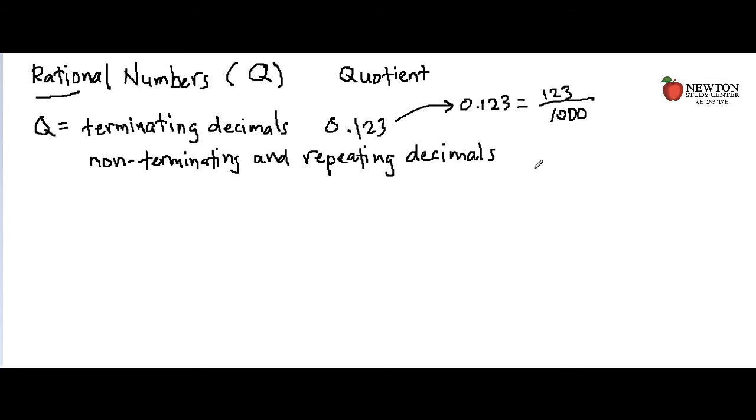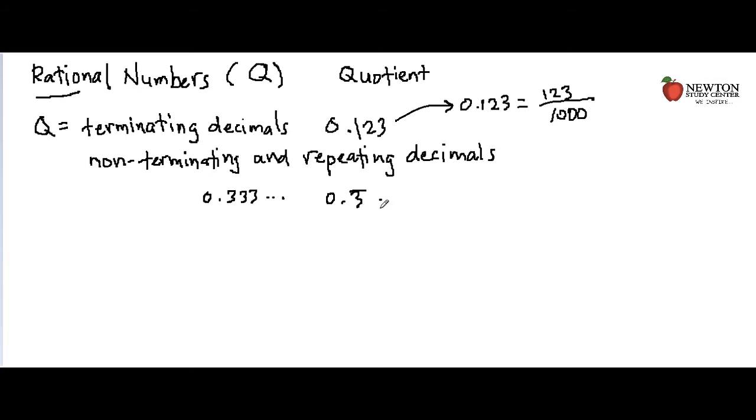Now why are non-terminating and repeating decimals also considered rational numbers? Let's say, for example, an example of a non-terminating and repeating decimal is the number 0.333 dot dot dot or 0.3 bar. So is this convertible to a fraction?